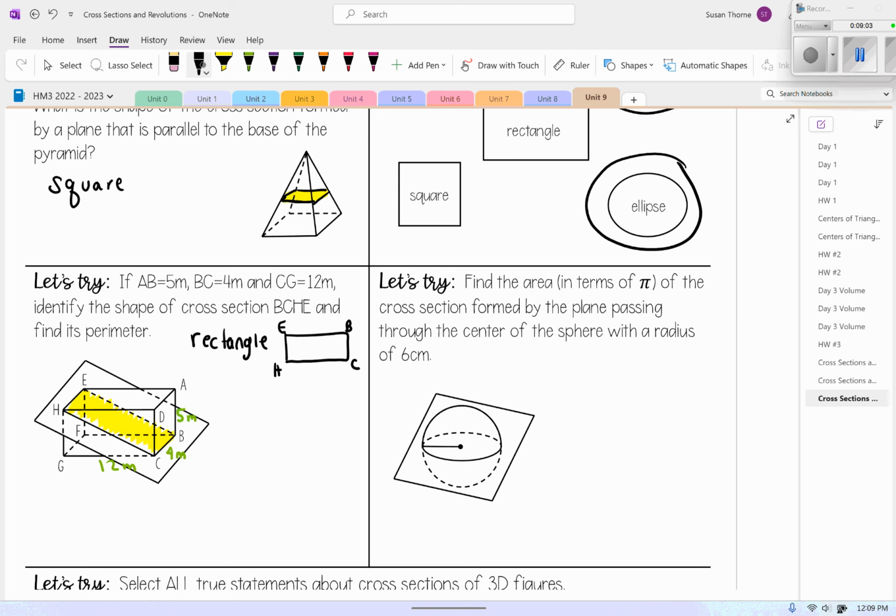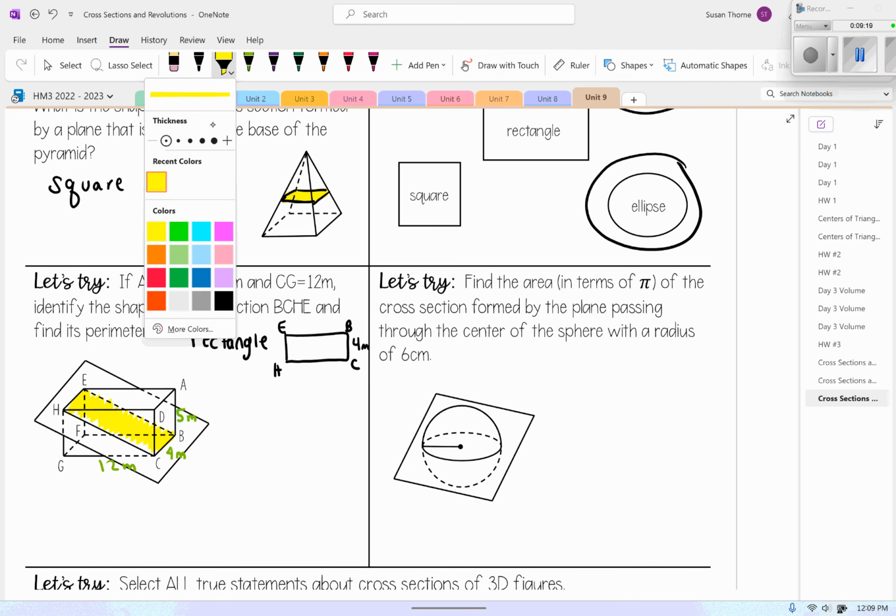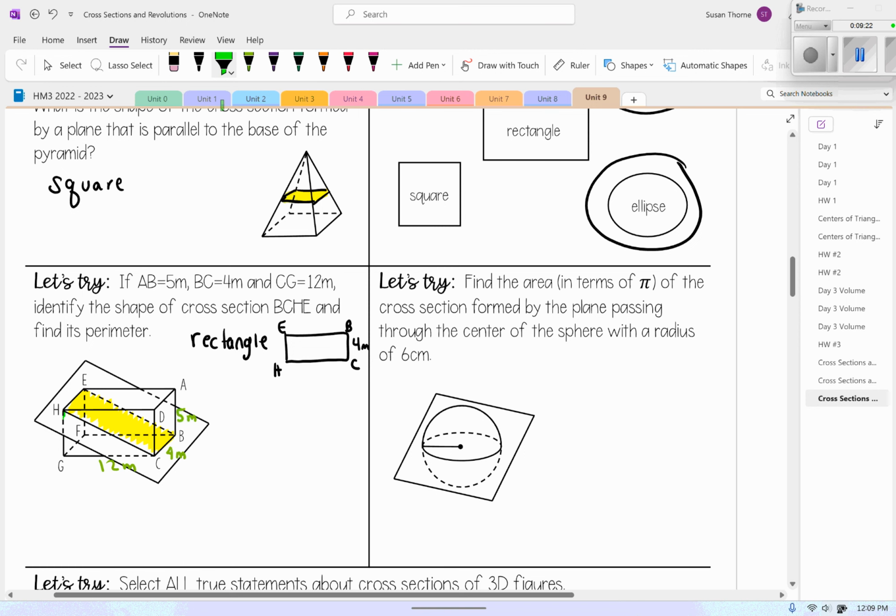And we know that BC is 4 meters. We need to figure out what the length of CH or BE is, because we know those are the same for a rectangle. So to find that, you'll notice that we have this right triangle right here, which we can use, or we can use this right triangle right there.